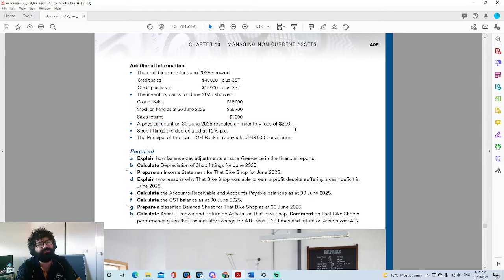If our inventory loss is 200, that means the physical stock count we did was 200 lower than what the records said. So the physical count was 66,500, because that's $200 lower than the records. Shop fittings are depreciated at 12% per annum, and the loan is repayable at $3,000 per annum.